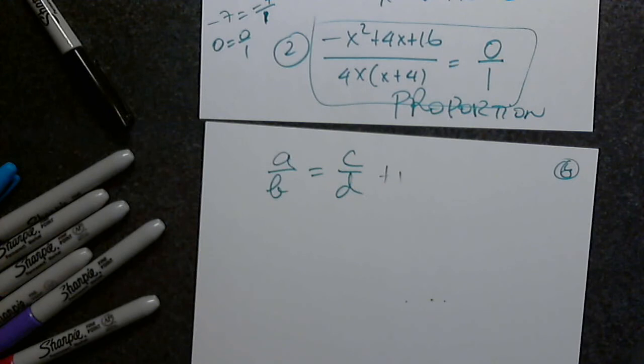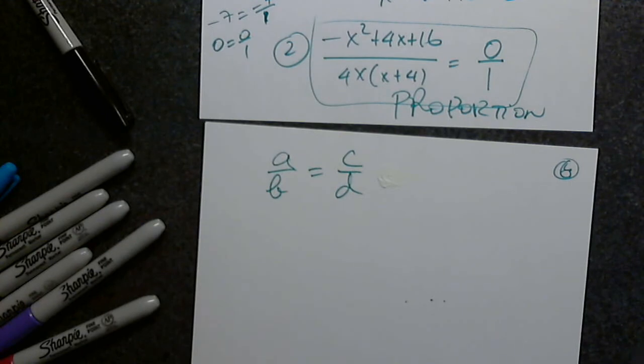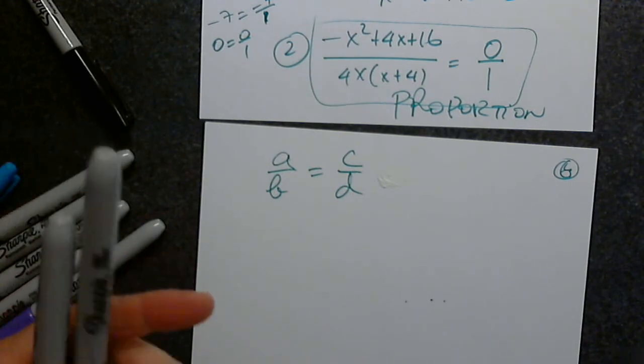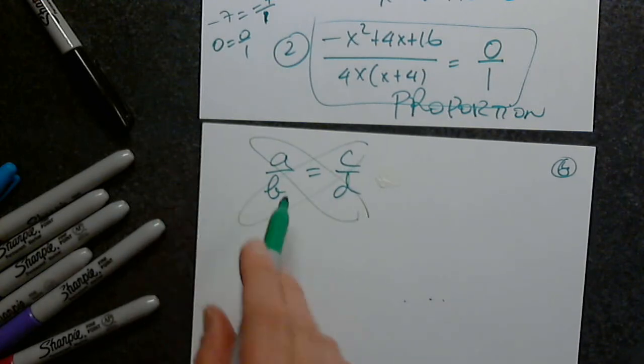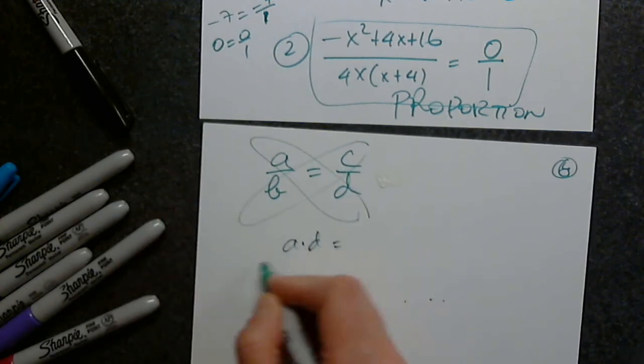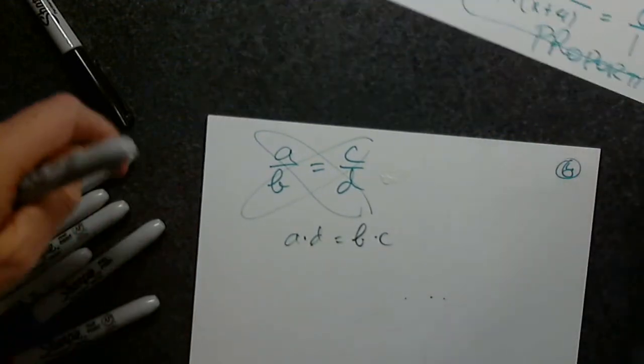But as long as it's a proportion, what will I write? What can I do in a proportion that I cannot do in any other type? Excellent, thank you very much. A times D equals B times C. So that's my second option here.